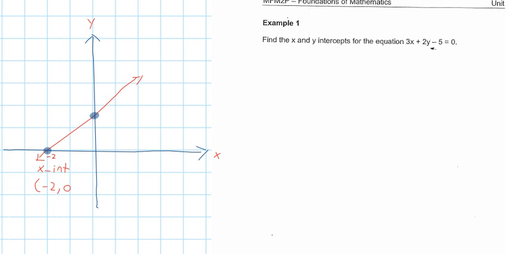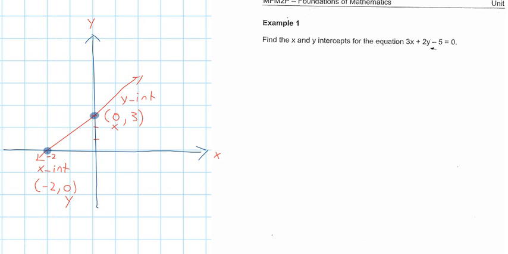And if I look at the y-intercept, the value for the x is 0, and the value of the y is whatever the y is. So let's say this is 1, 2, 3, okay? So for the x-intercept, the value of the y is 0, and for the y-intercept, the value of the x is 0, okay?